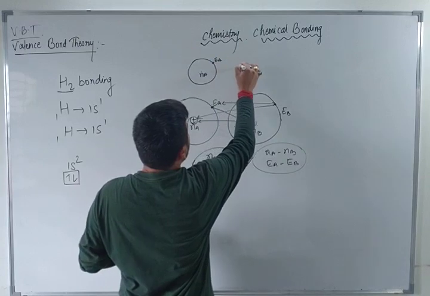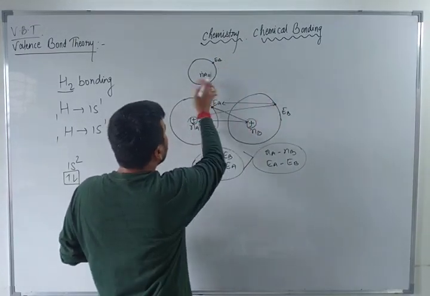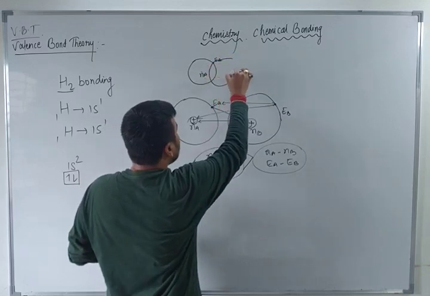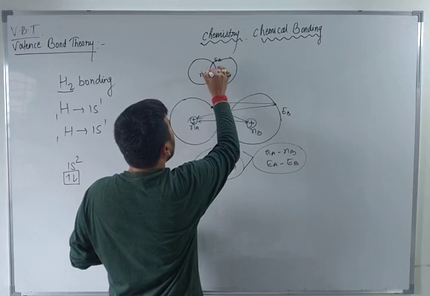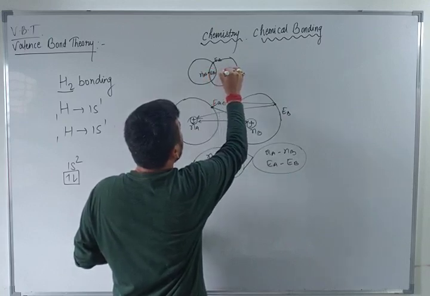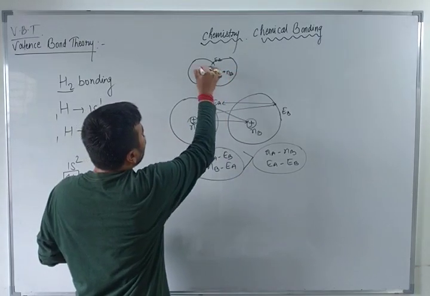And the second nucleus, because of its electron, will attract, and both atoms will do overlapping. What will they both do? They both will do overlapping.